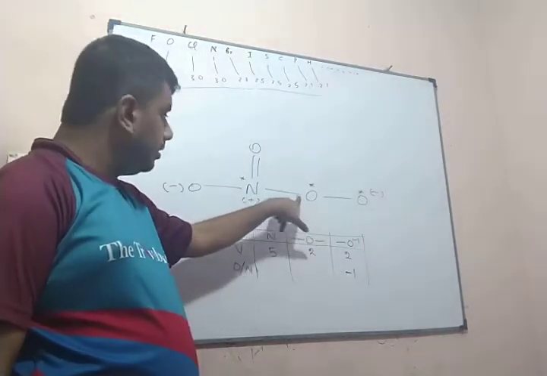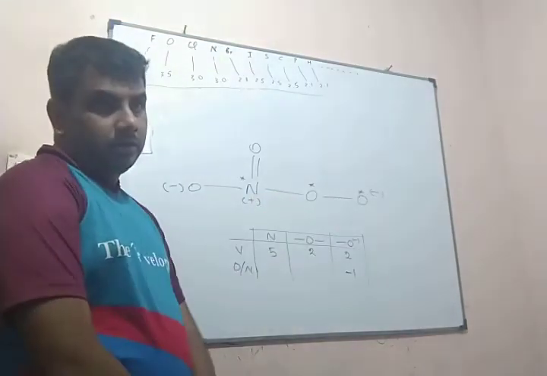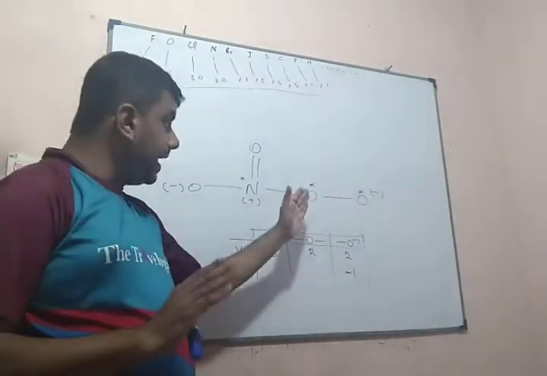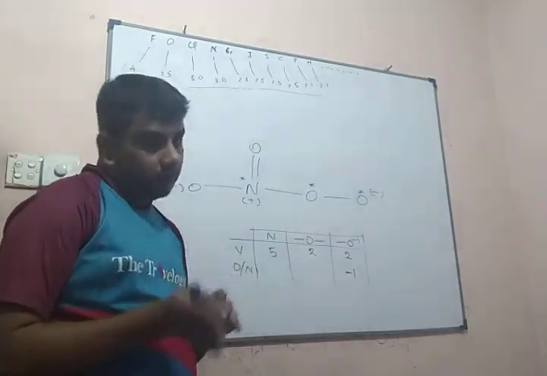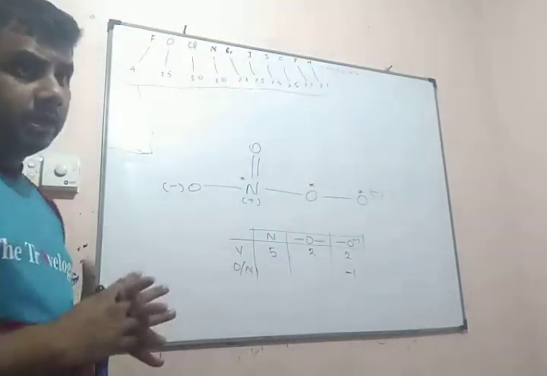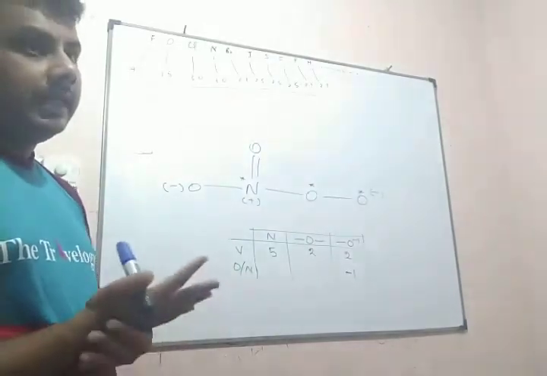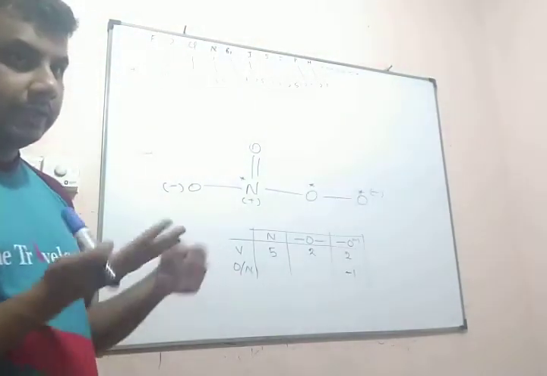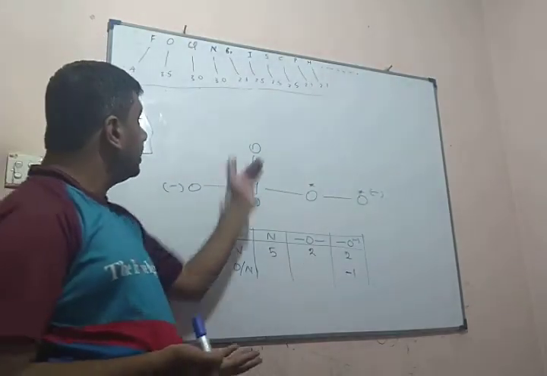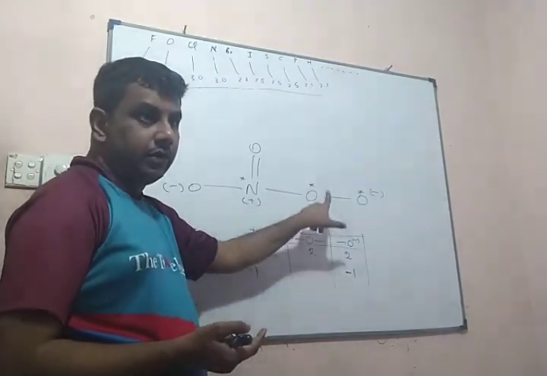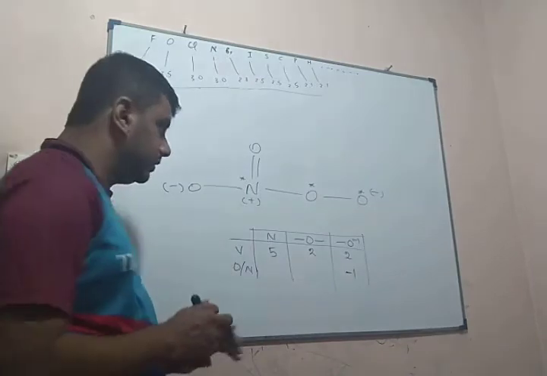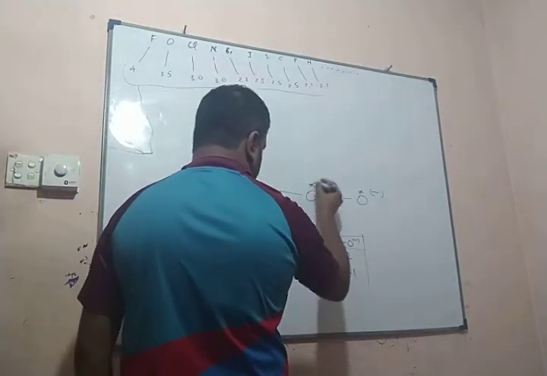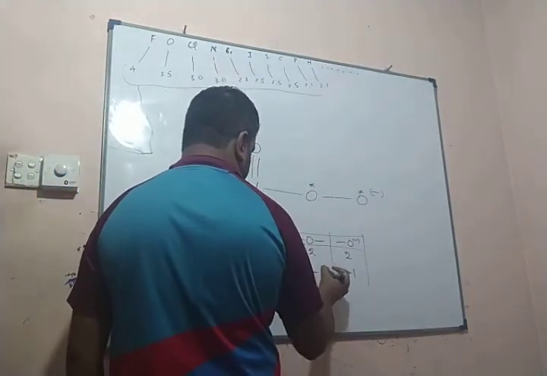So how many bonds? 1 bond. So one atom would get 1 plus and the other would get 1 minus. Which would get plus and minus? Just consider electronegativity. Which one is more electronegative, oxygen or nitrogen? Oxygen is electronegative, so it would get -1 and this one gets +1. So the charge on oxygen is -1 again.